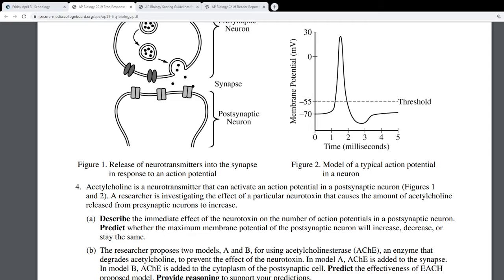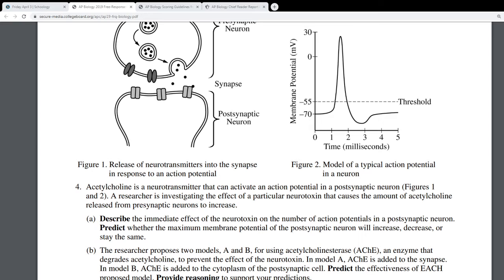Are we going to get more or less signals, or are they going to stay the same? I would say you should be guessing more because you're getting more neurotransmitters, therefore, there should be more signals.